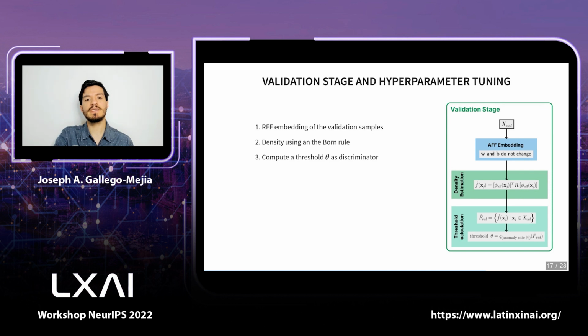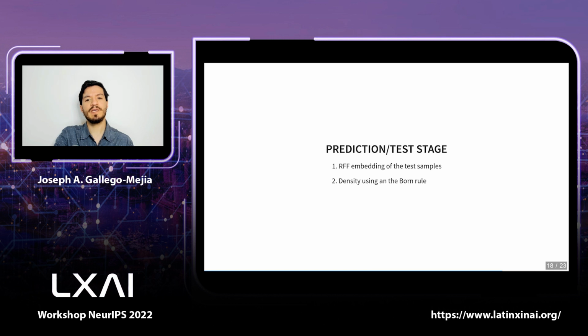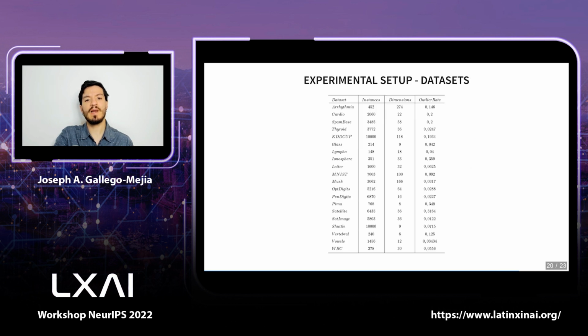The third one is to calculate the threshold theta as the discriminator using the validation samples. The last stage of the algorithm is the prediction stage, where each test sample is embedded using the random Fourier feature. We calculate the density using the Born rule, and using the threshold, we classify normal and abnormal data points.